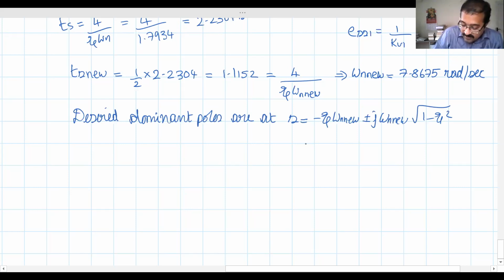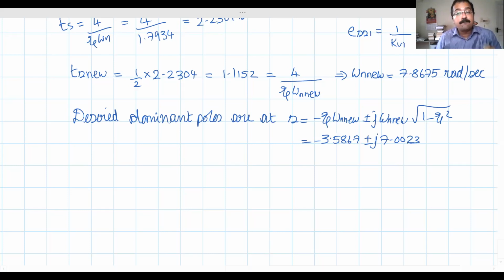If you substitute, you will get minus 3.5867 plus or minus j7.0023. These are the desired dominant poles. That means the root locus has to be reshaped so that it passes through them. How can we reshape the root locus? By adding a lead compensator. That is the purpose of the lead compensator: to reshape the root locus so that we get the required transient response specification.